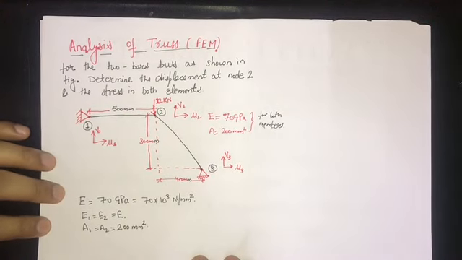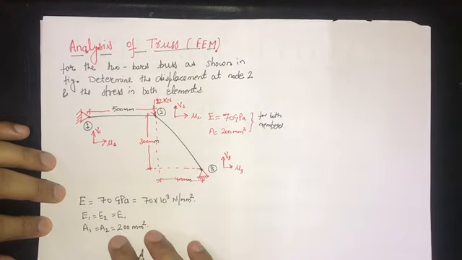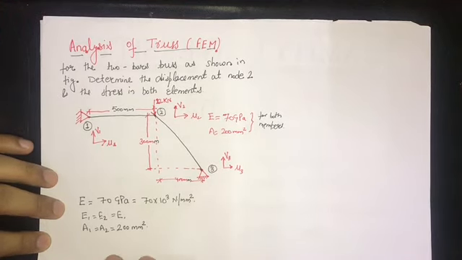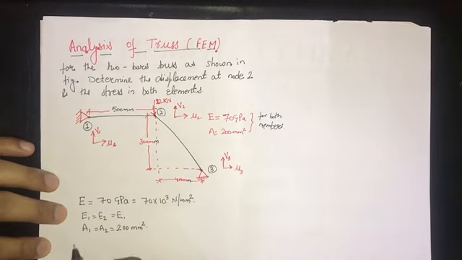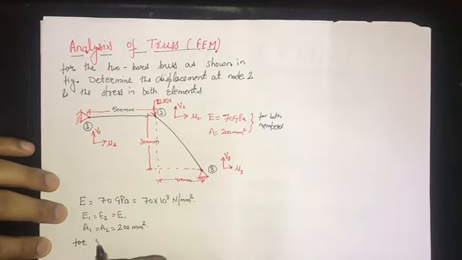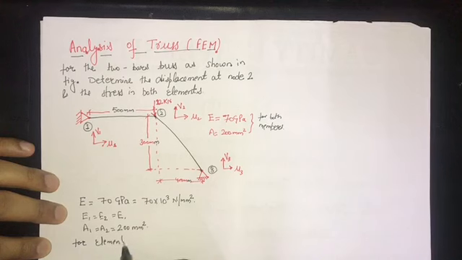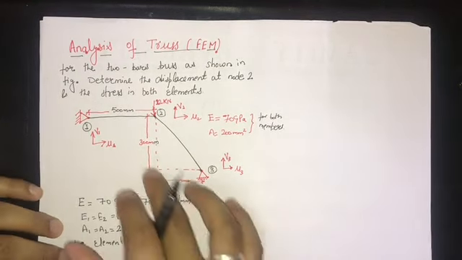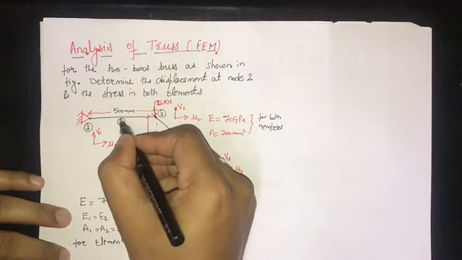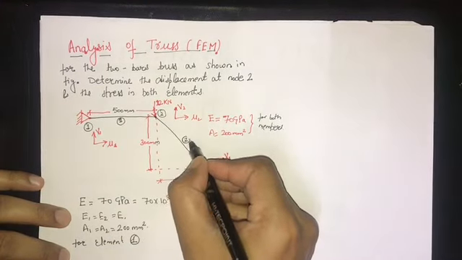Okay, once you have made all the given data, then we will go to calculating the element stiffness matrix for the truss. Suppose we take this as element 1 and this as element 2.